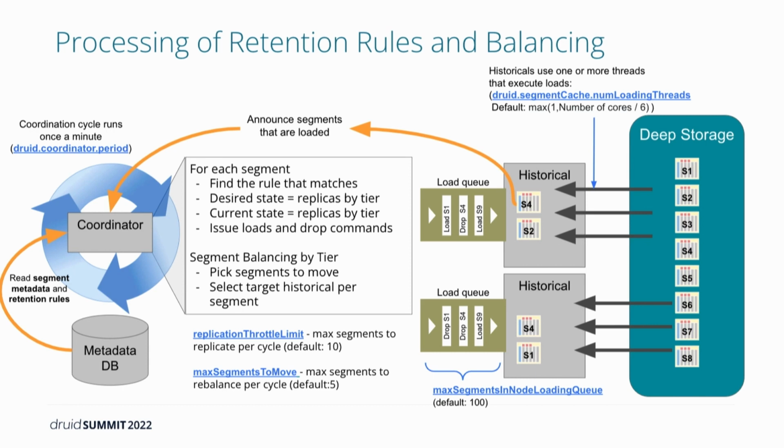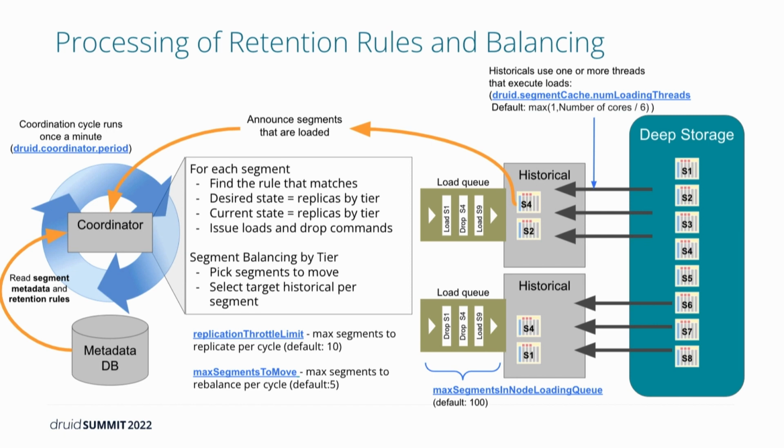And based on the differences between the desired state and the current state, it'll issue load and drop commands to each of the historicals by adding them to each historical's load queue. Each historical's load queue is the list of commands that it needs to execute, whether it's to load a segment or drop a segment, and each historical will independently process those commands.